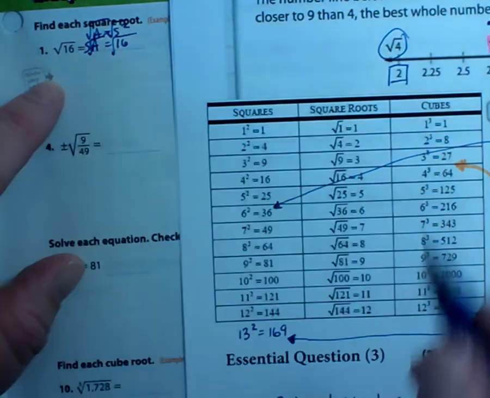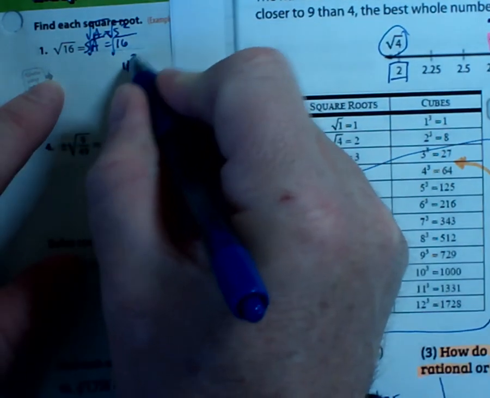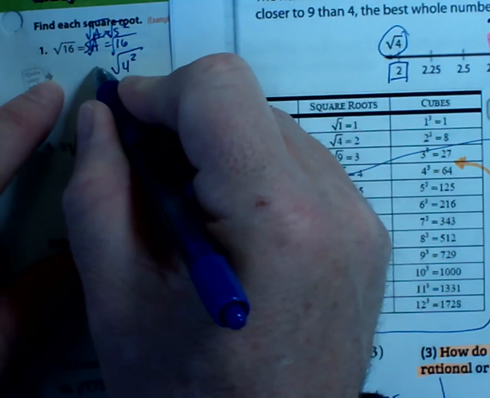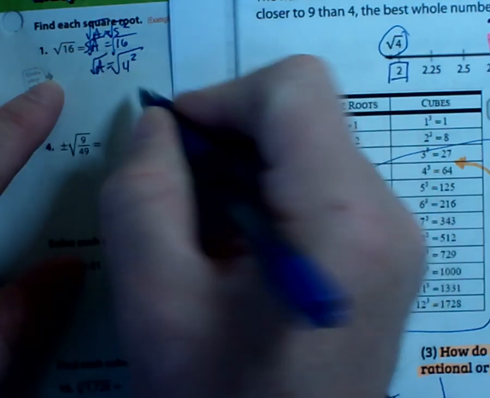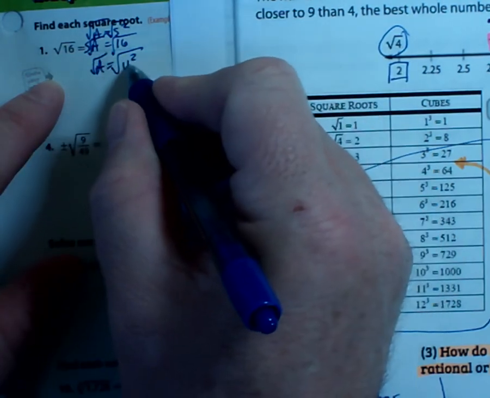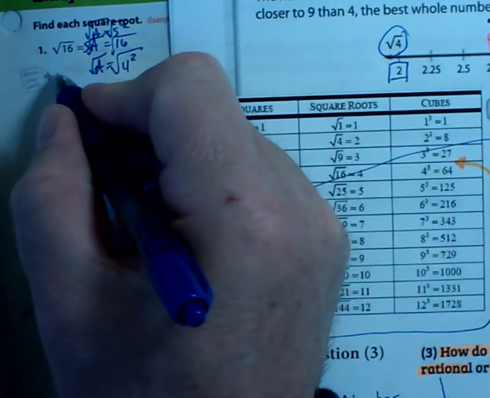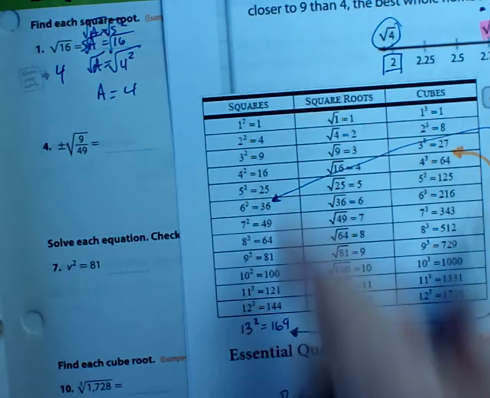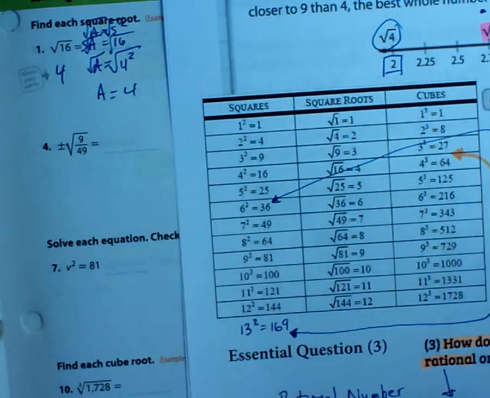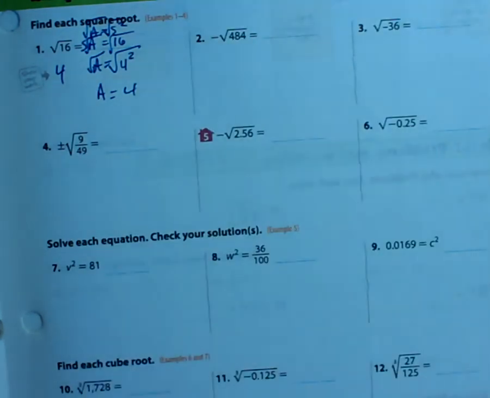The square root of 16 is 4, because that's 4 squared. When we take the square root of a squared number, we get 4. We're going to use this table that you were given. That table can be found in your Google Classroom.